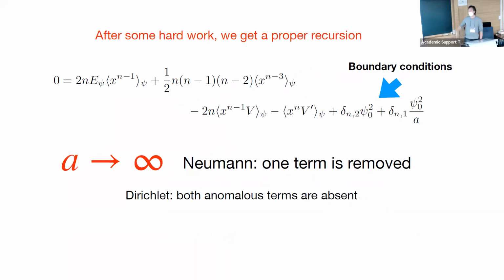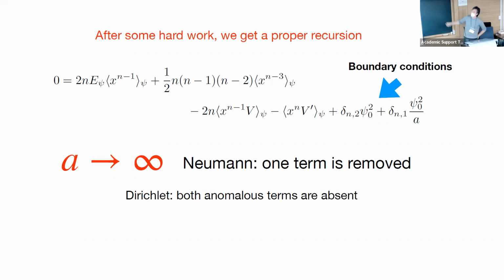Once you do this for everything, which takes a while, you get two corrections to the recursion relation. They come from the anomalies of various operators. So there's one at n equal to 2 and one at n equal to 1. And then those two corrections modify things as having boundary conditions.